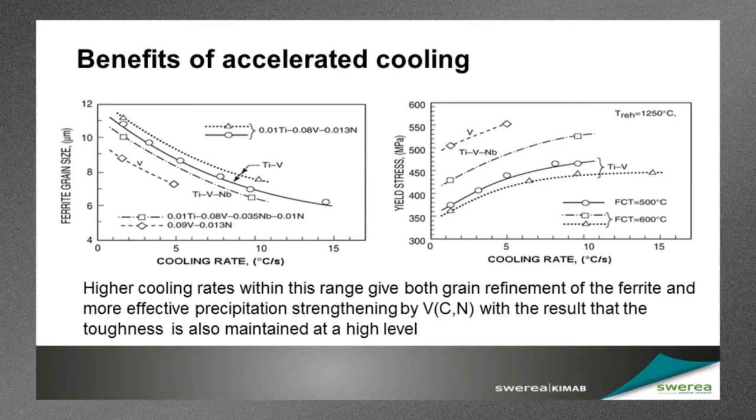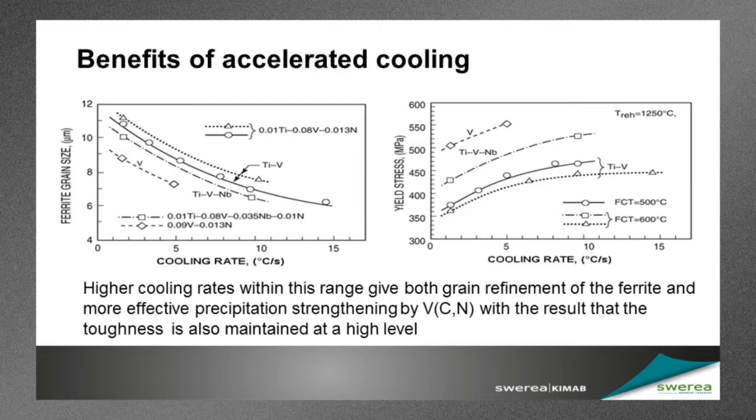And the left-hand figure here shows us that the ferrite grain size decreases quite markedly as the cooling rate is increased. Now, that's of course a very good thing because finer grain size gives improved strength, but it also gives improved toughness. And this is the only way that we can simultaneously optimize both those important properties.